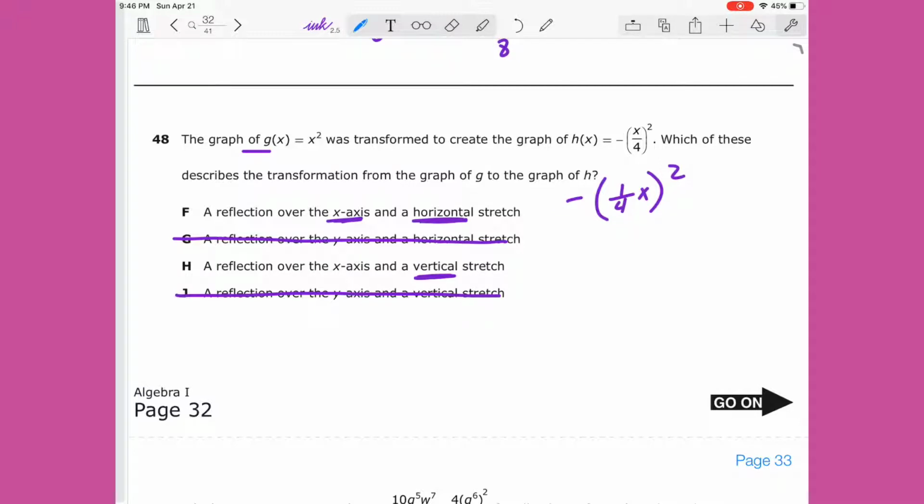Remember that 1/4 is between 0 and 1. When that value next to the x is between 0 and 1, we're talking about a horizontal stretch, versus if it's outside the parentheses, then that would be a vertical stretch. So our answer choice is F.